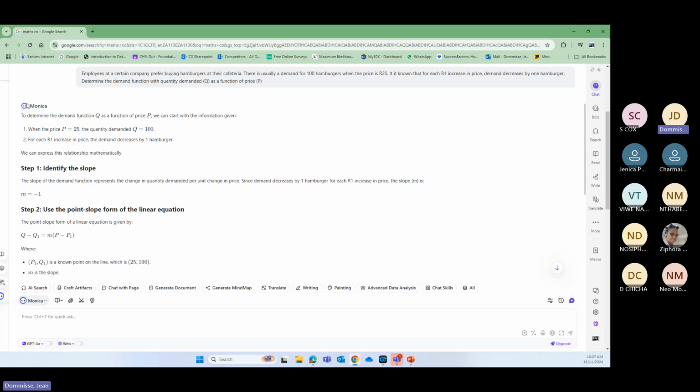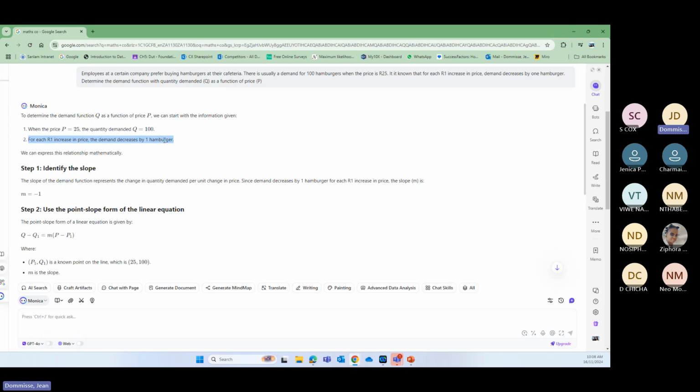Okay, so when the price is 25, the quantity is 100. So that already gives you one of the points, which I've written down, but I did not realize that we're actually working with a slope question.